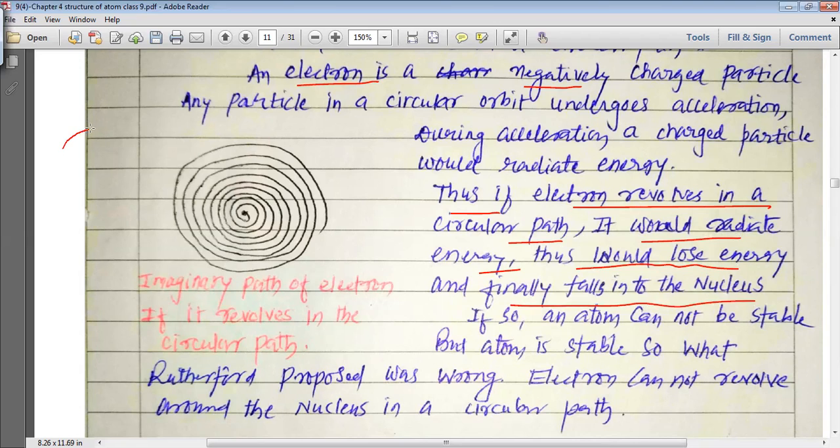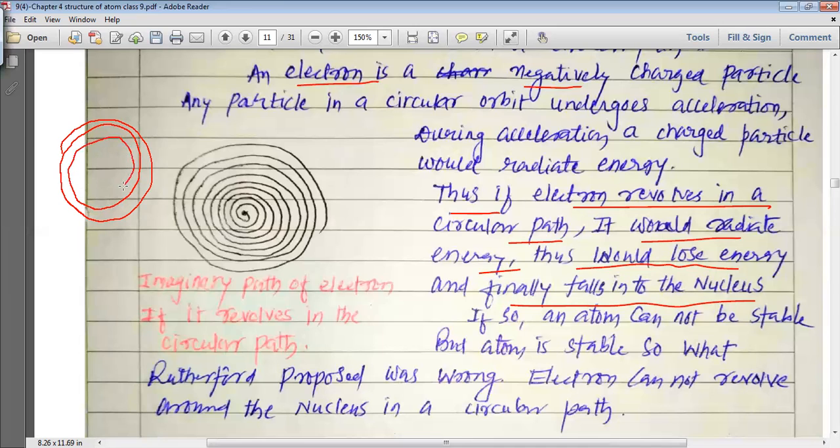So we cannot expect the electron moving in a circular path this way. But instead of moving in a circular path around the nucleus, actually what happens? The electron moves in this manner. Because it is a charged particle, it radiates energy, and that is why it loses energy.